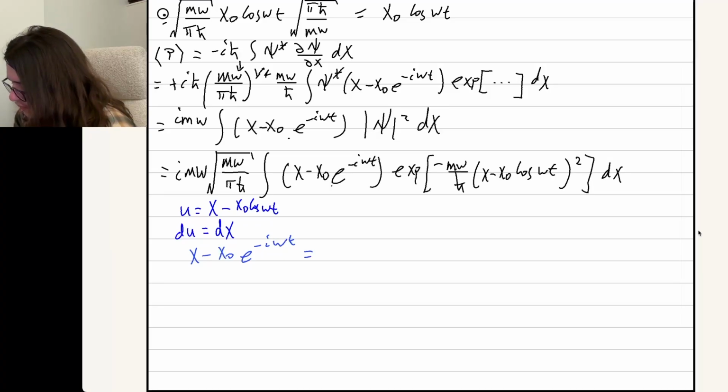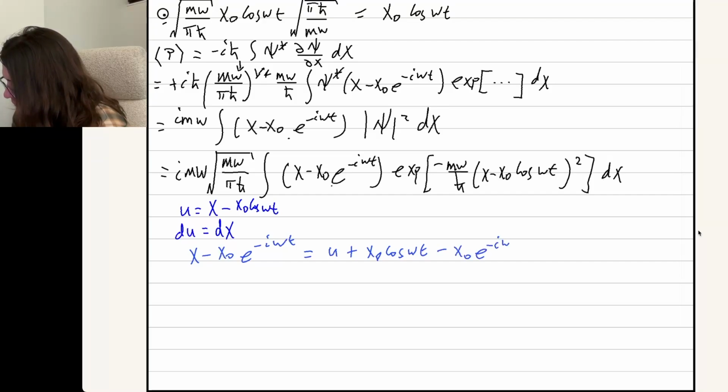So comparing it to u, it's going to be u plus x naught cosine omega t, minus x naught e to the minus i omega t.